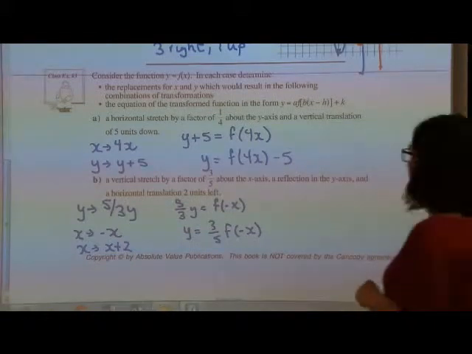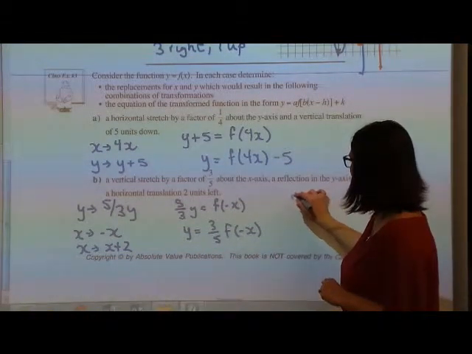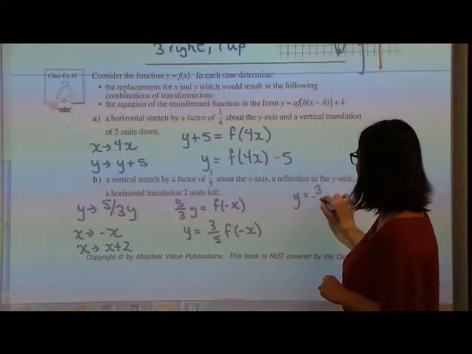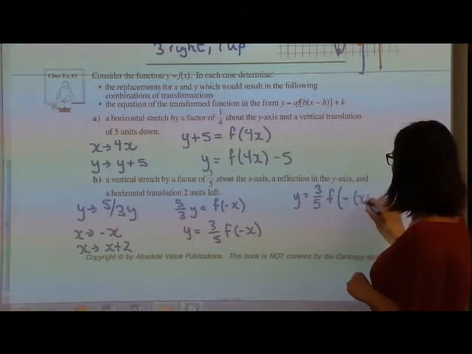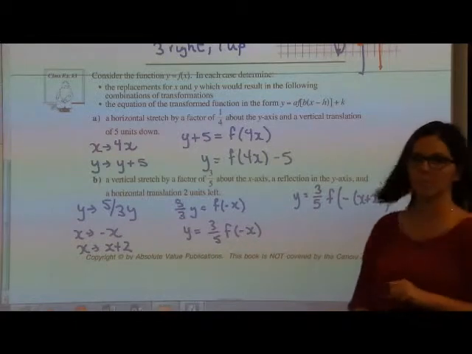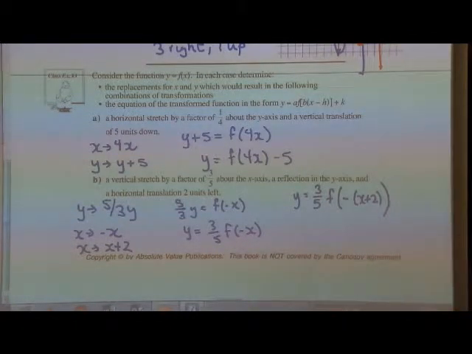And then I can do the replacement of my x plus 2. So y equals 3/5 f of negative x plus 2. And I could leave it like that. I wouldn't have to multiply that negative in through it.